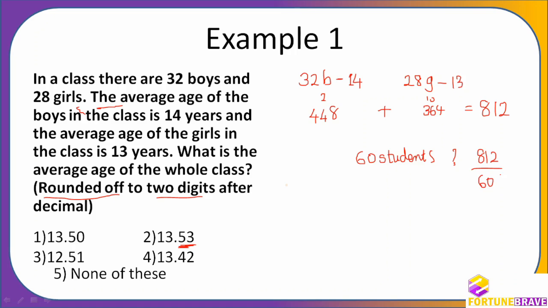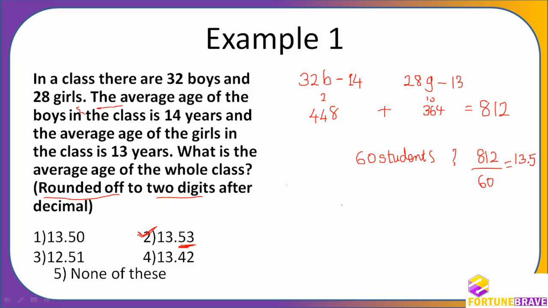If I divide 812 by 60, 60 ones are 60, and 212 remains. 3s are 180, so 32 will remain. 32 will remain, and 5s are 300, so 20 remains, and then 3s are 180. So it has to be 13.53.